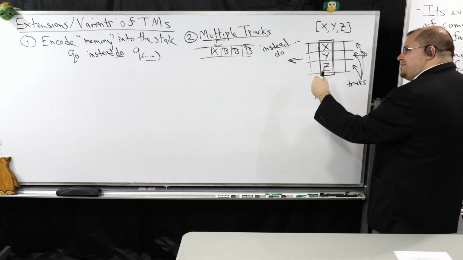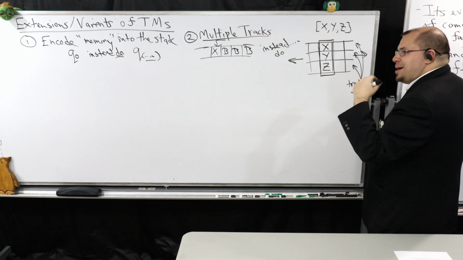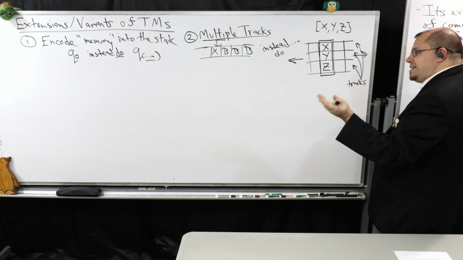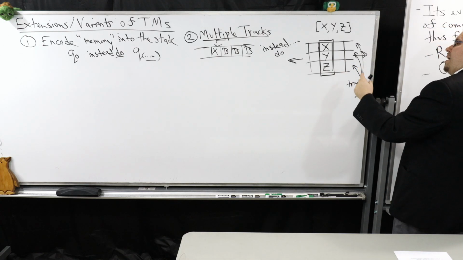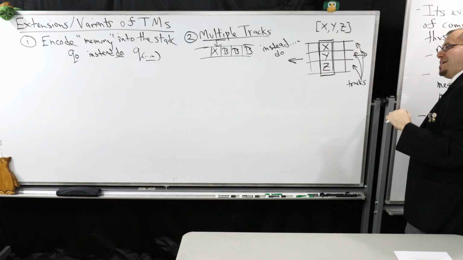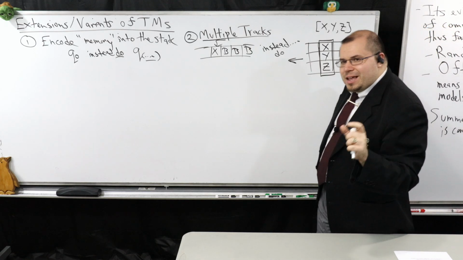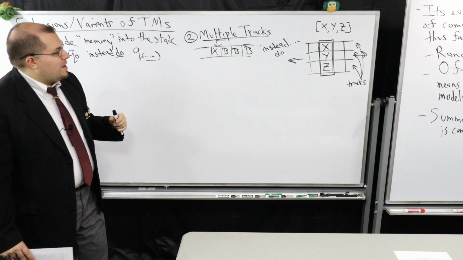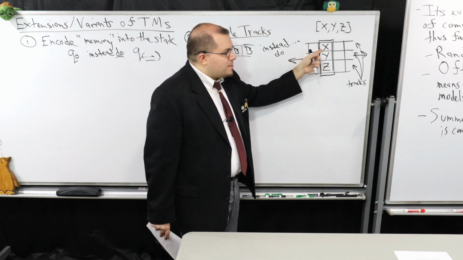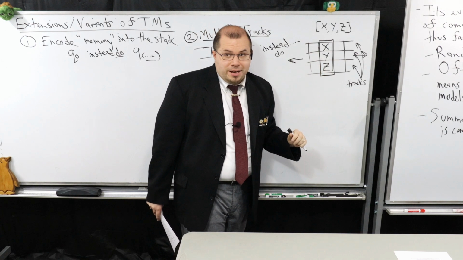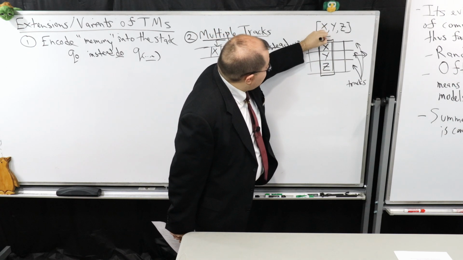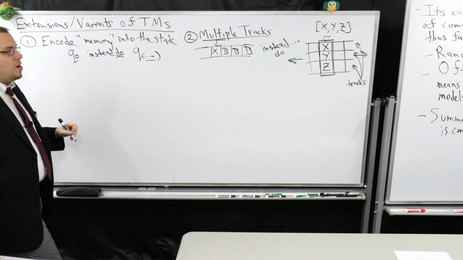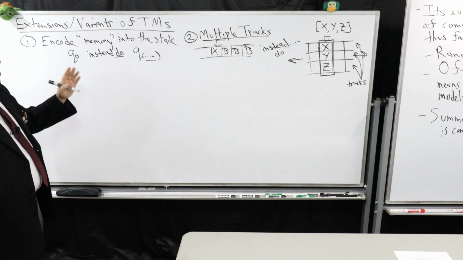One idea is to encode more memory by taking parts of the input and encoding that into the states as some tuple. Another is, instead of thinking of the tape symbols as one symbol, I can think of it as a tuple, and each position in that tuple is a track. My tape head just points at all of those symbols on each track all at once.